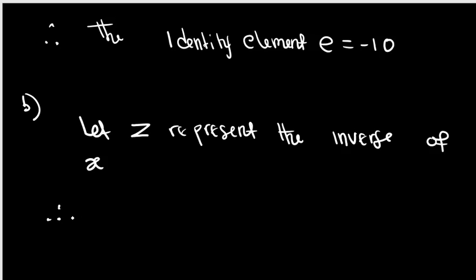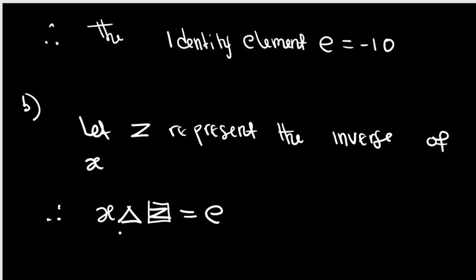Therefore, an element x operating on its inverse Z is supposed to give us the identity element E. We want to make Z the subject because that is our inverse. So we expand this operation using the definition.